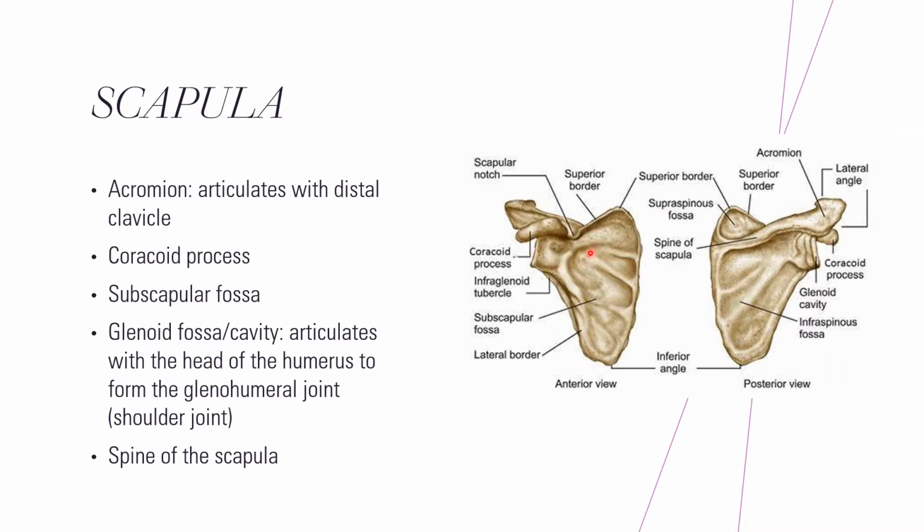You have the subscapular fossa, and it's called the subscapular fossa because it's underneath the anterior surface of the scapula, hence subscapula. Sub means underneath. The glenoid fossa, right here, articulates with the head of the humerus to form the shoulder joint, otherwise known as the glenohumeral joint. And you have the spine of the scapula here.